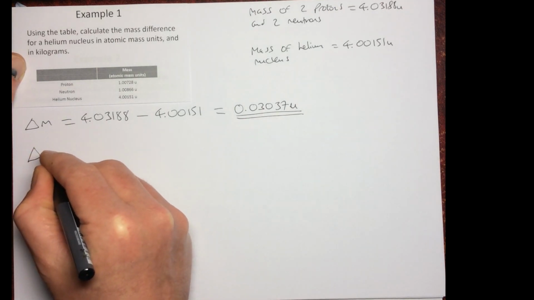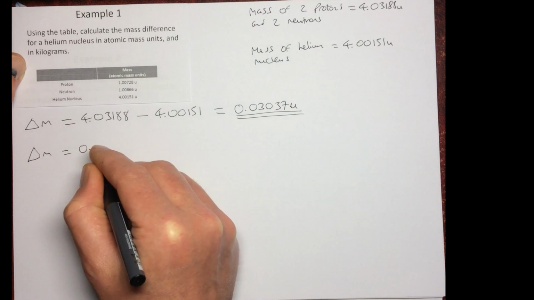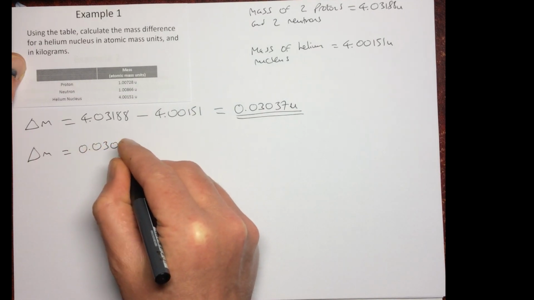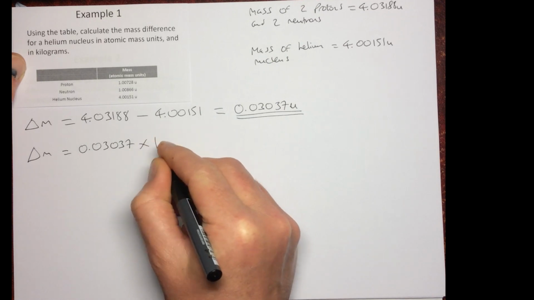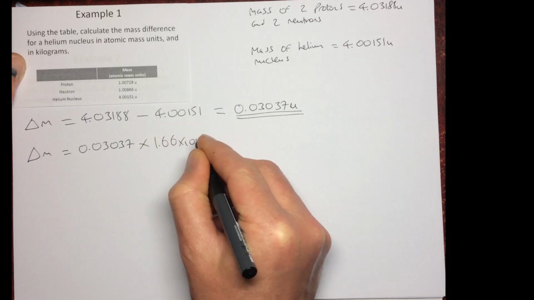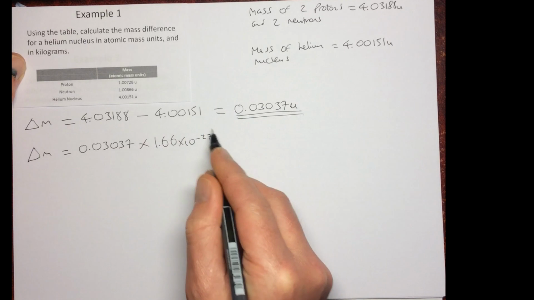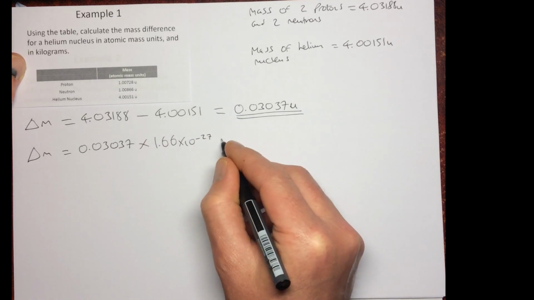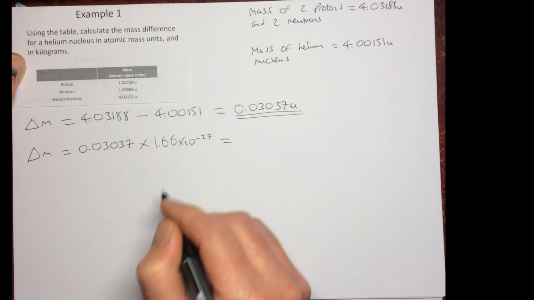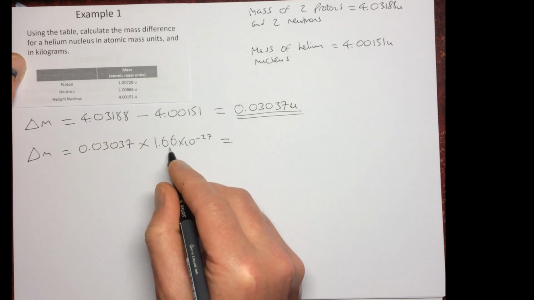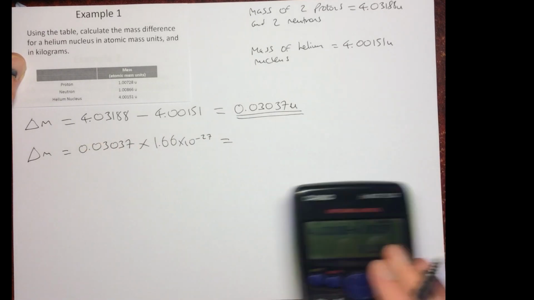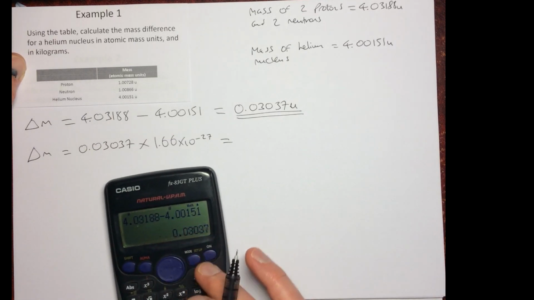Now if we want to get that into kilograms, we're just going to need to do 0.03037 multiplied by 1.66 times 10 to the minus 27, because remember 1U in kilograms is 1.66 times 10 to the minus 27, so this number of unified atomic mass units multiplied by that will give us the mass in kilograms.